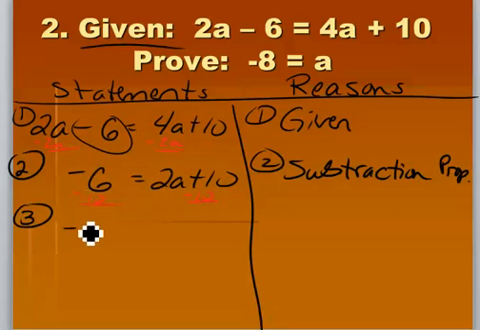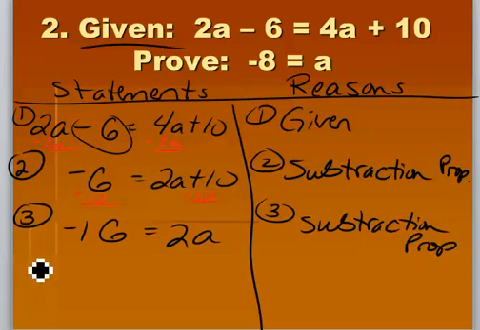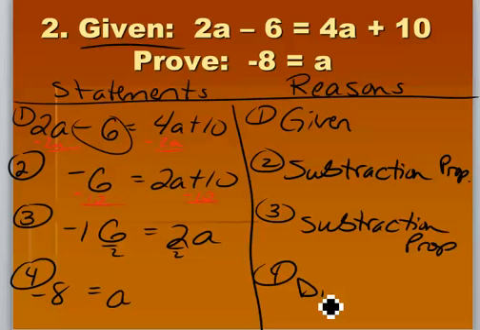So I have negative 16 equals 2a. I got this by subtracting 10. So it's okay to have 2 in a row. You might have 2 subtractions, 2 additions, or 1 of each. My last statement, if I divide by 2, I get that a is negative 8. And I got that by the division property.